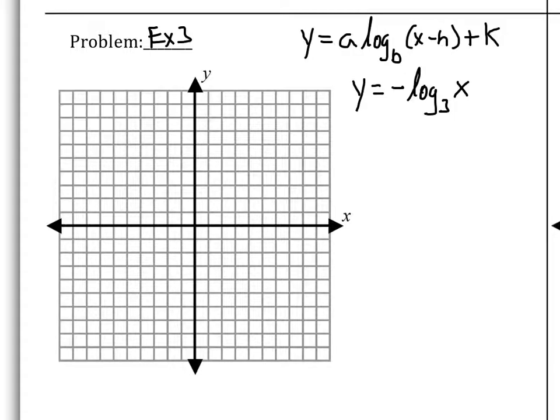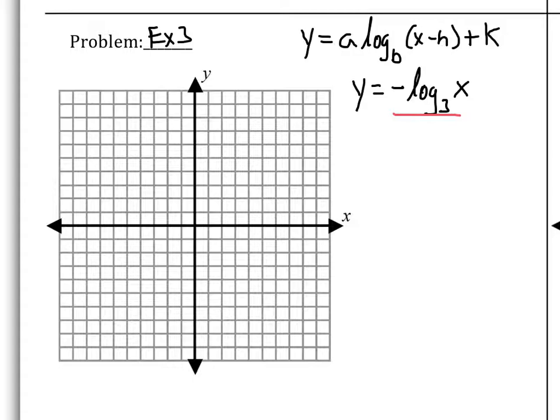All right. So first things first here. The translation from logarithmic form to exponential form doesn't have a being anything other than positive 1. And so the very first thing we would need to do here is to get rid of that negative out in front of our logarithm. How would I do that? Divide it out. Right now it's negative 1 times log base 3 of x.